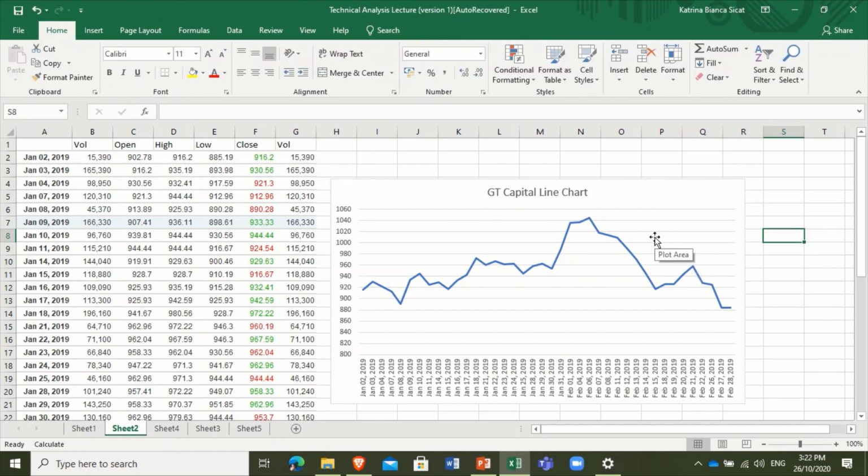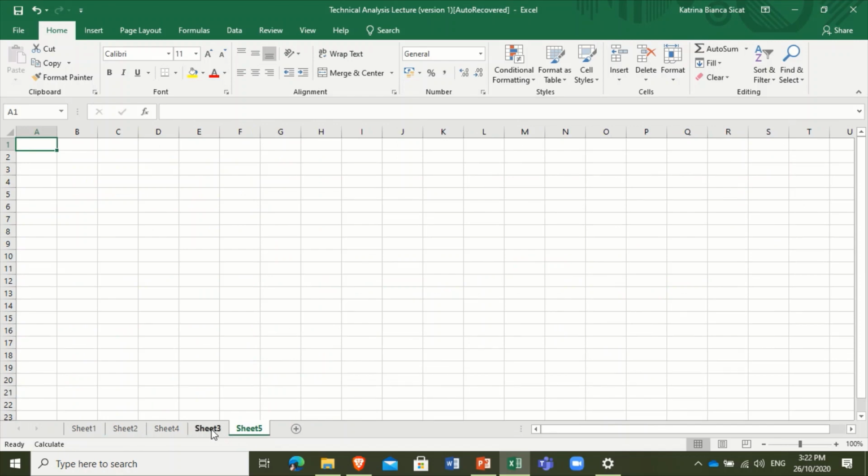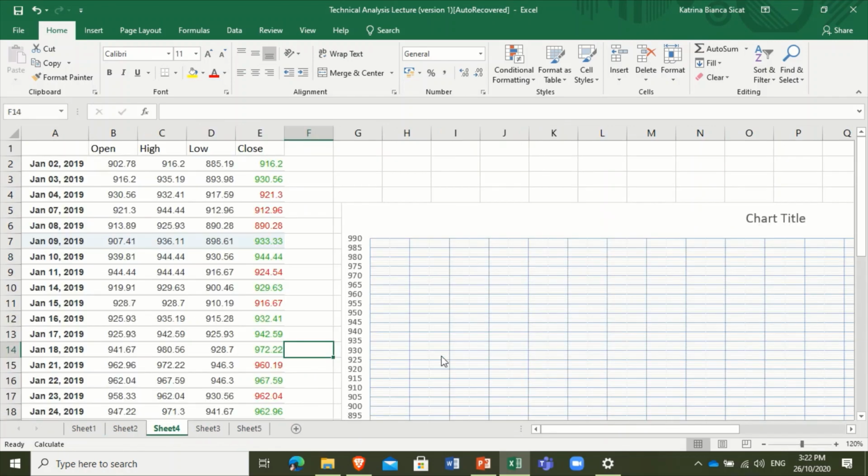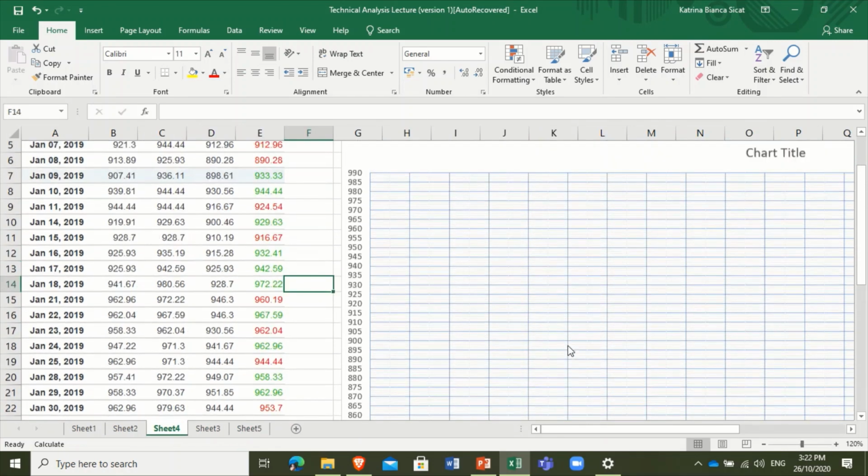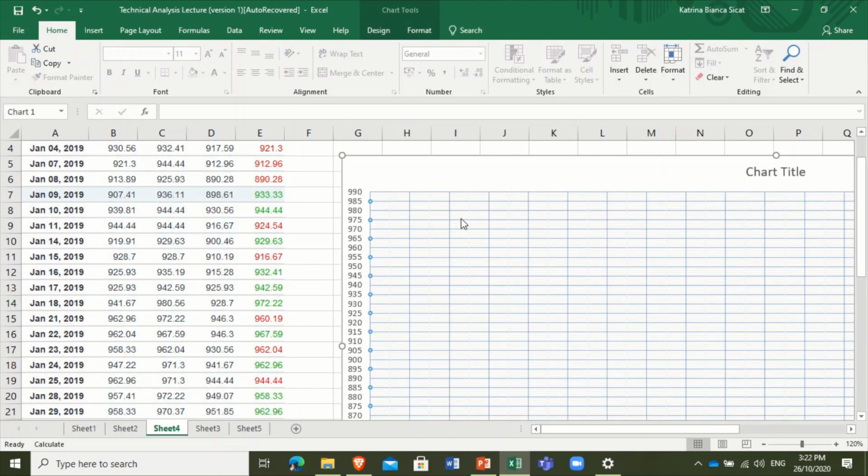Now, for the benefit of those people who do not know how to manually create a graph, siguro now is the time that we review how to create a graph. So, ayan, gumawa na ako ng this is like a graphing paper.